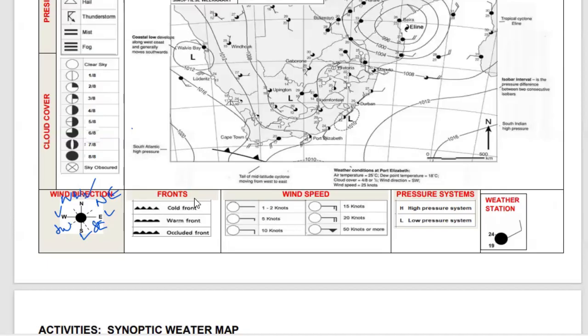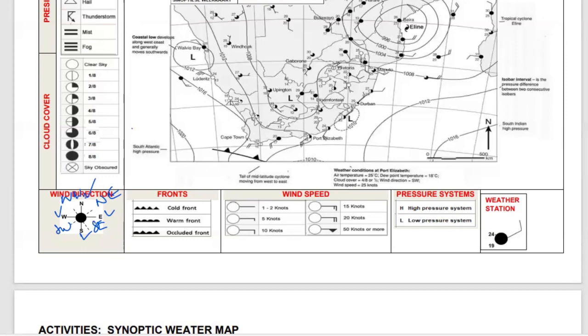We have a northeasterly wind, which is coming from northeast, a southeasterly wind coming from southeast, a southwesterly wind coming from southwest, and a northwesterly wind coming from the northwest. Right. So basically, those are our points of the compass that we use to refer to wind direction. We refer to those compass points to actually determine our wind direction on the synoptic map.